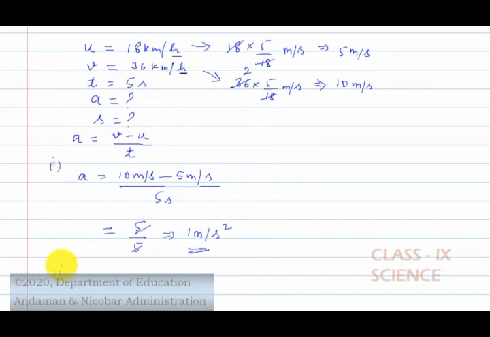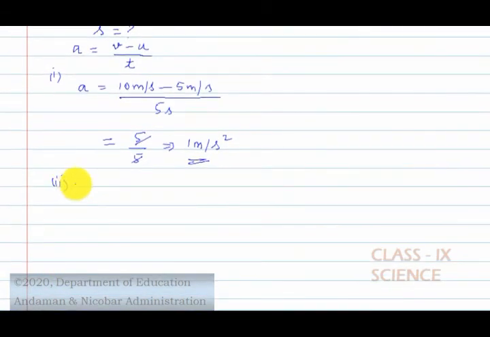Now we will solve for distance. So from the second equation of motion, we know that s is equal to ut plus half at square, right? In the question, initial velocity is given, time is also given, acceleration just now we have found out. So by substituting the value of initial velocity, time and acceleration, we can find the distance. So how can we find? Substitute the values.